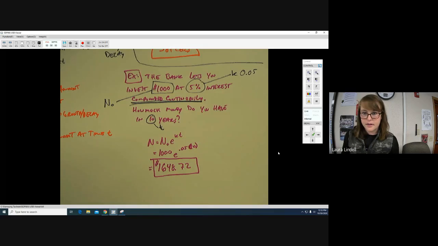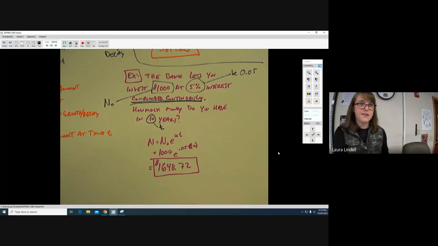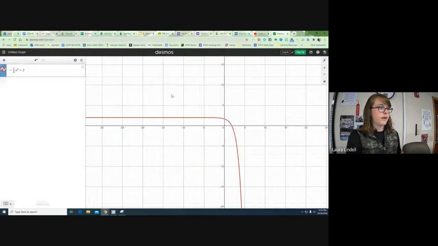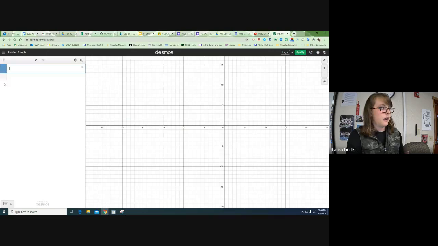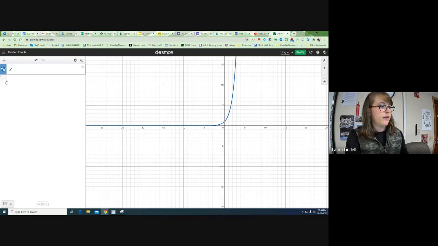Do you need a constant in the E position? E is a constant. So E is actually a number. If you go to a calculator or to Desmos, it'll recognize it as a number. So remember when we were doing things like e to the x? That's that E value that we were talking about. It's the same number.